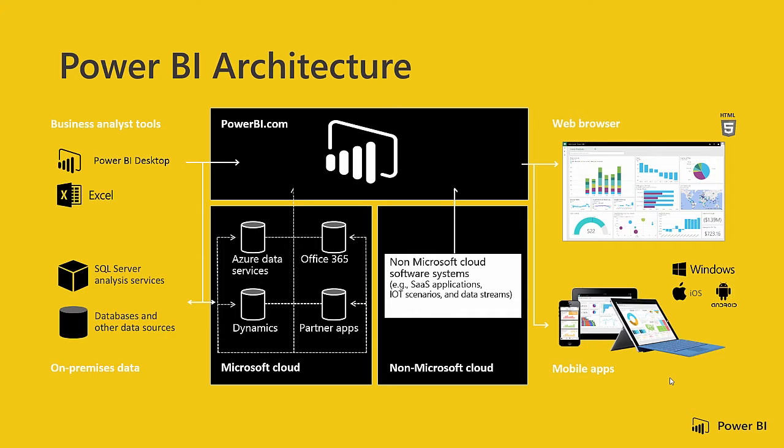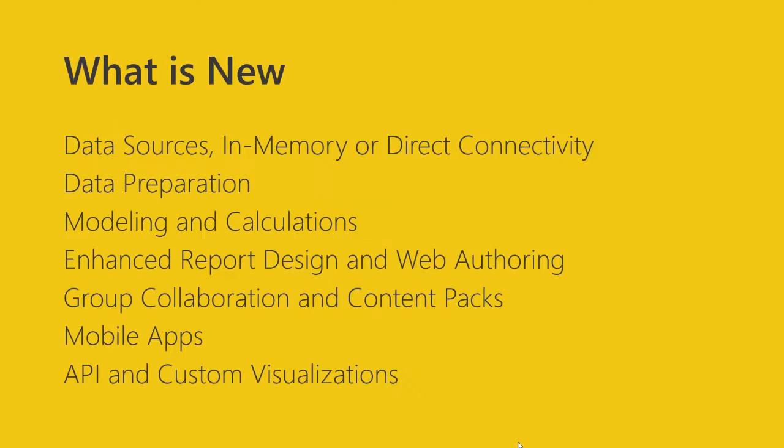And then we have the different rendering capabilities within modern browsers. Note that it's not just Internet Explorer. We work with Safari, Firefox, Google Chrome, all the modern browsers, because we are an HTML5 application, friendly, responsive, and modern. And then, of course, we have the mobile apps. I've mentioned them a few times already.